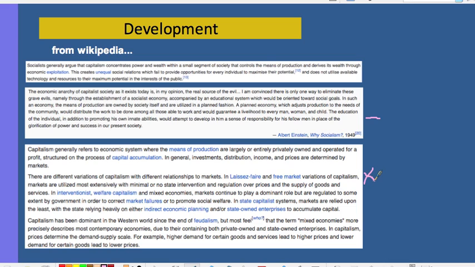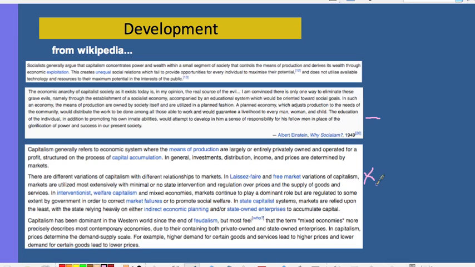In general, investments, distribution, income, and prices are determined by the markets. There are various different variations of capitalism with different relationships to markets. In laissez-faire and free market variations of capitalism, markets are utilized most extensively with minimal or no state intervention and regulation over prices and the supply of goods and services.